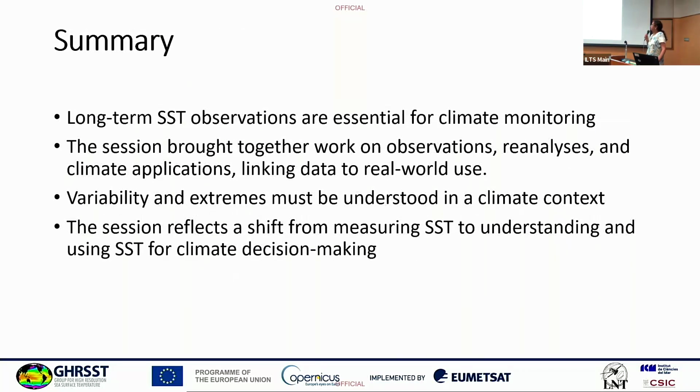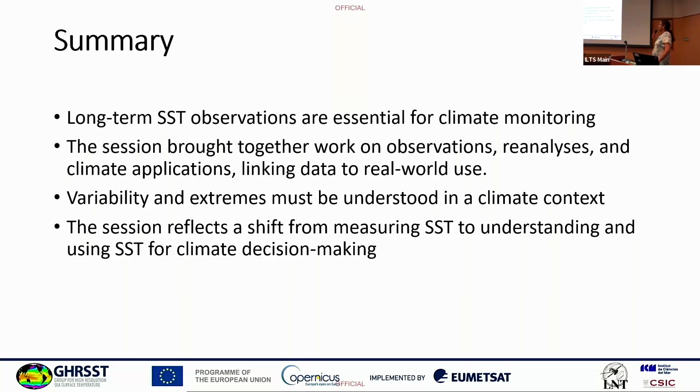So overall in the session, long-term SST observations are essential for climate monitoring. The session brought together work on observations, reanalysis, and climate applications, linking data to real-world use. Variability and extremes must be understood in a climate context.